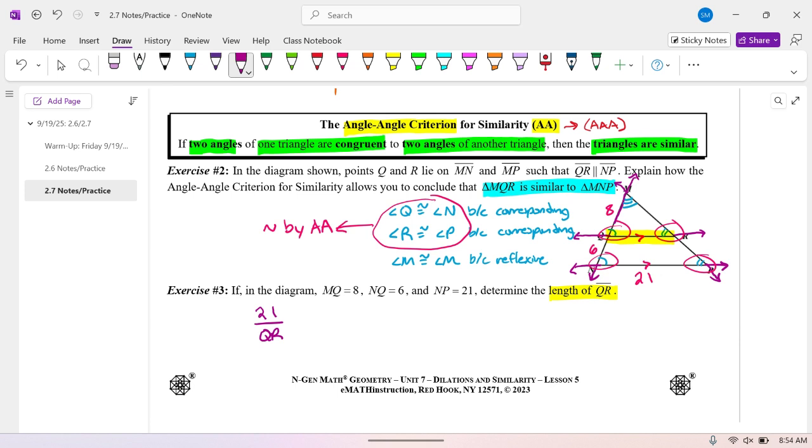Now, I need something to compare it to. What can I do with the other two side lengths that I have to compare to it? So what would be the length of MQ? MQ is 8. So will that go in the numerator or the denominator?